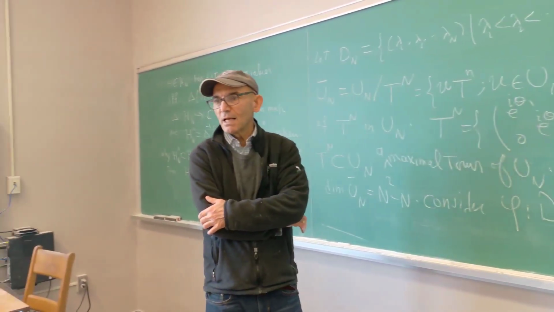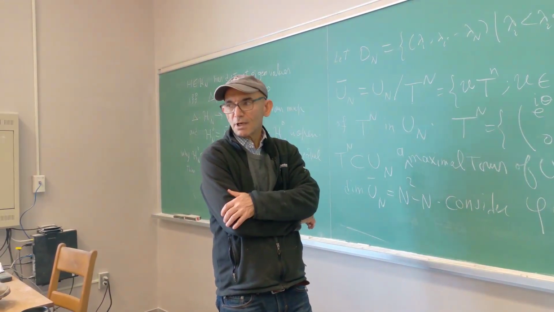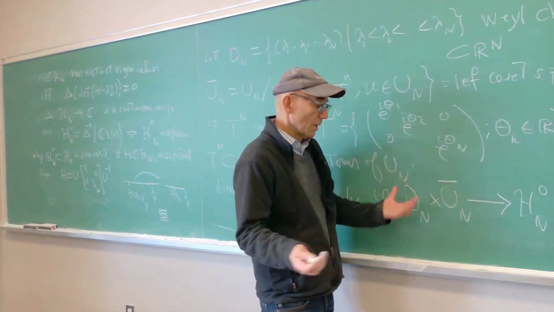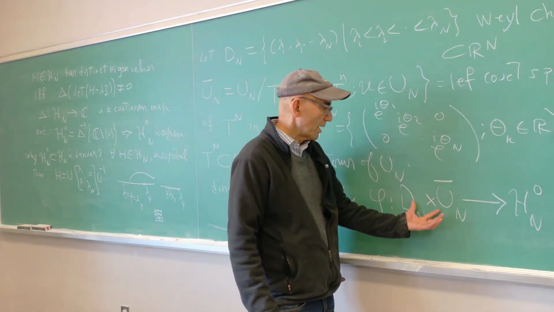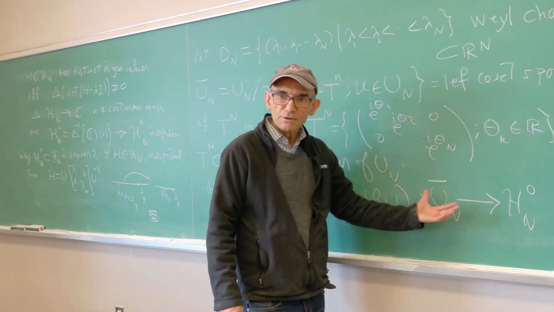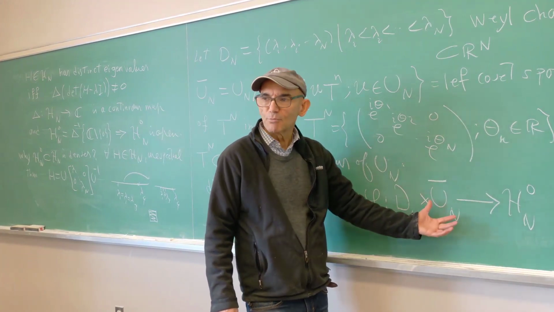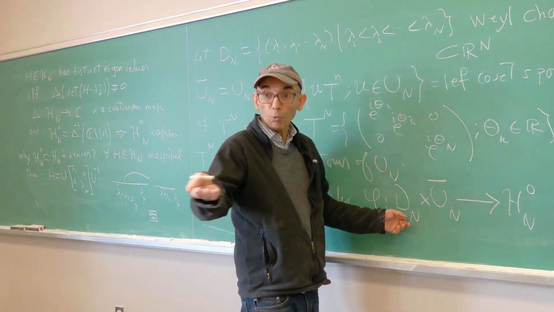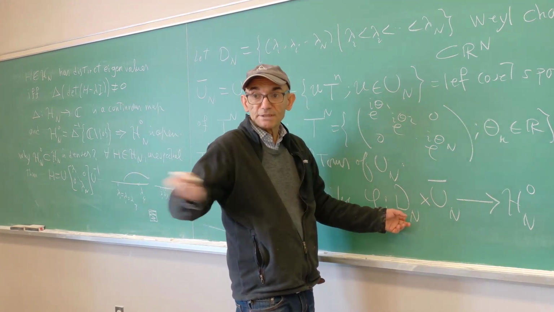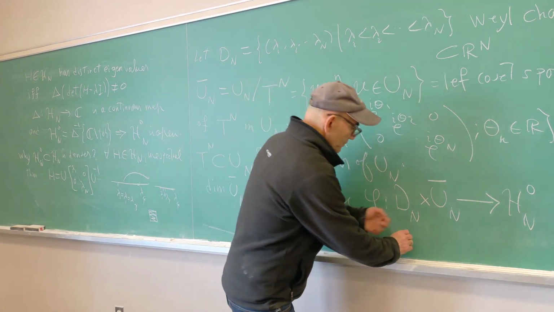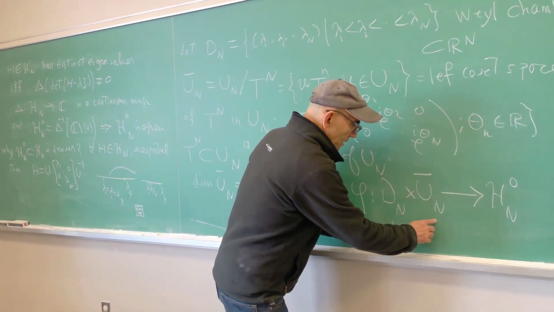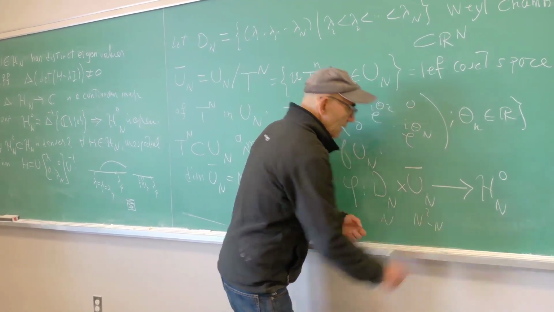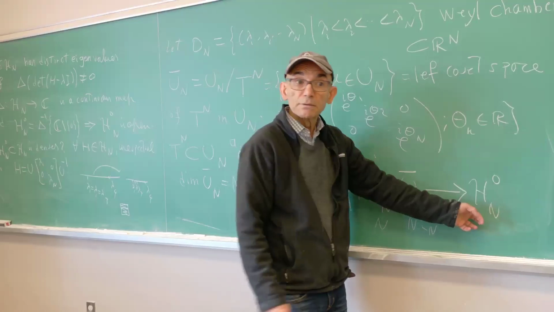So let me now tell you the strategy, what we want to do actually. It is true that this is a diffeomorphism. If you look at the dimensions, they also match, because the dimension of this one is n, an open subset of R^n as a manifold. The dimension of this coset space or homogeneous space is n squared minus n, and the dimension of this one is n squared.